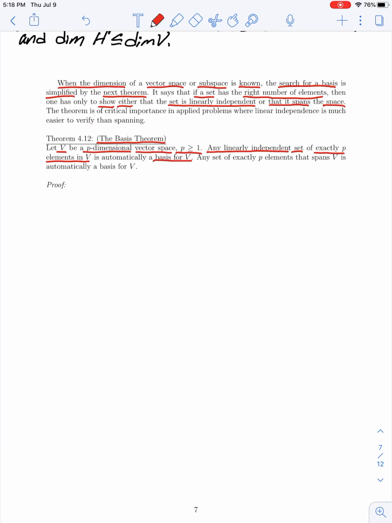That is, if we have a set of p vectors in a vector space of dimension p, and those vectors are linearly independent, then that set must be a basis.